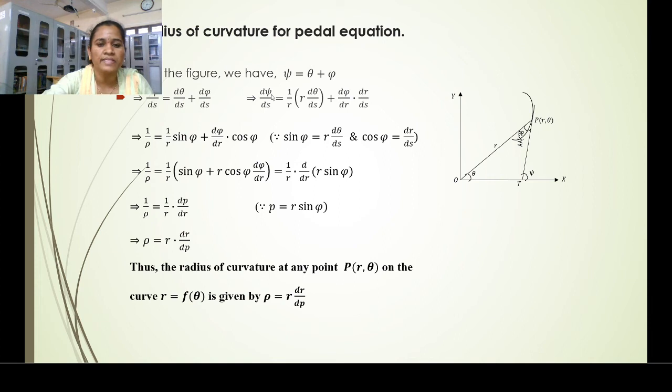Again this implies d psi by ds is equal to d theta by ds plus d phi by dr into dr by ds. Then d psi by ds is 1 by rho, which is equal to 1 by r.